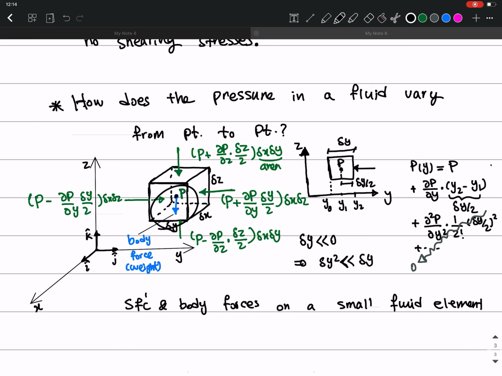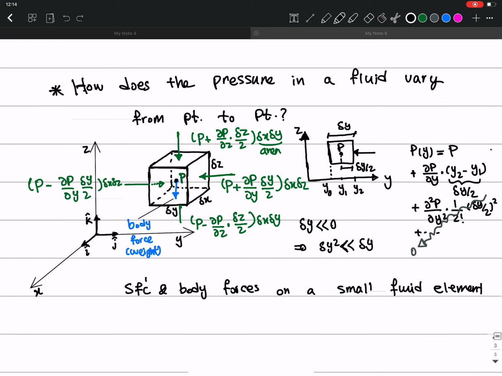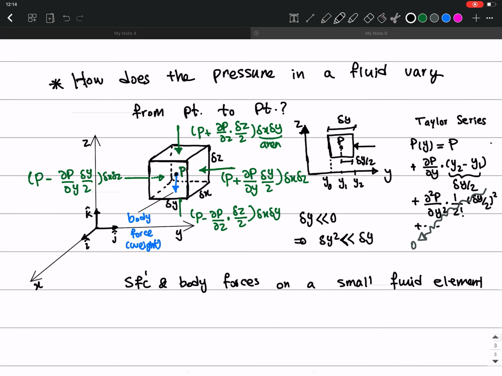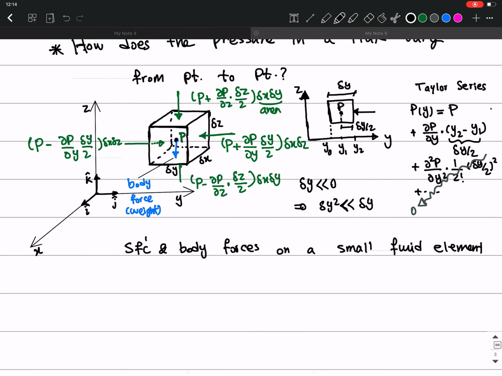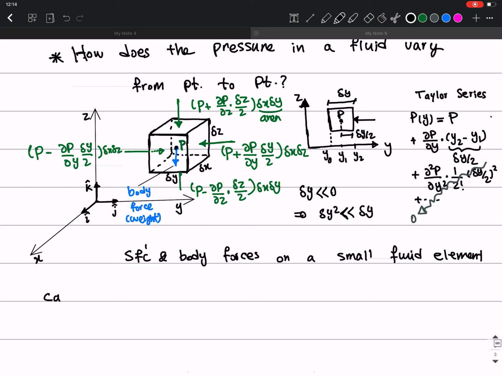Okay, so these are all the forces that act on a small fluid element, and in order to approximate the pressure with the central pressure of the fluid, we use the Taylor series expansion, which is here. And then we got all these different terms. So now I want to calculate the forces.